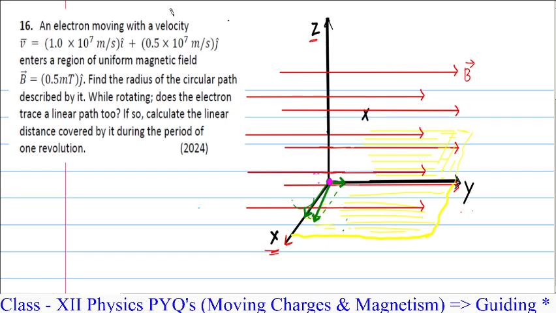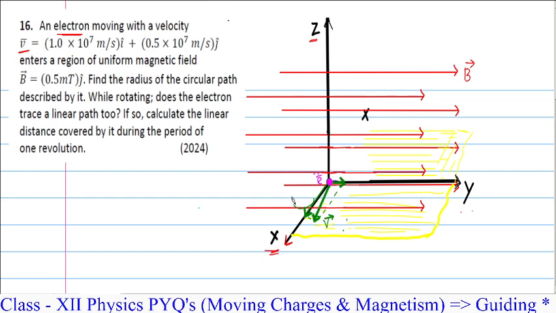Another piece of information given is the velocity of the electron. Let this pink round one represent the electron. This is our electron having velocity in the xy plane, that means it has both x component and y component. So in this xy plane, this particle is moving with some velocity.